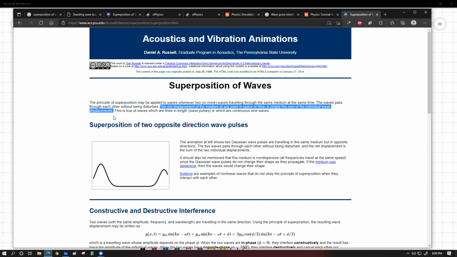So the sum of the displacement of the two individual progressive waves would result in the actual displacement of the medium particle, and that resulting displacement altogether for all the medium particles is gonna give us what is called superposition.